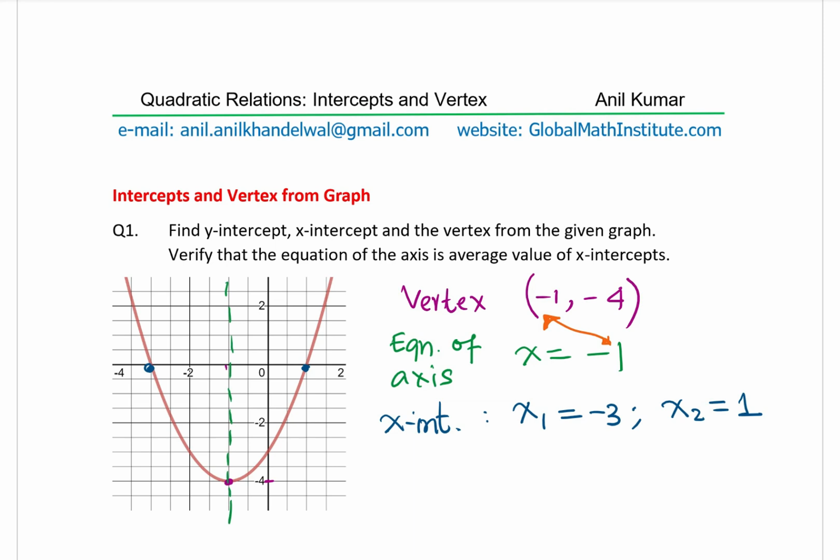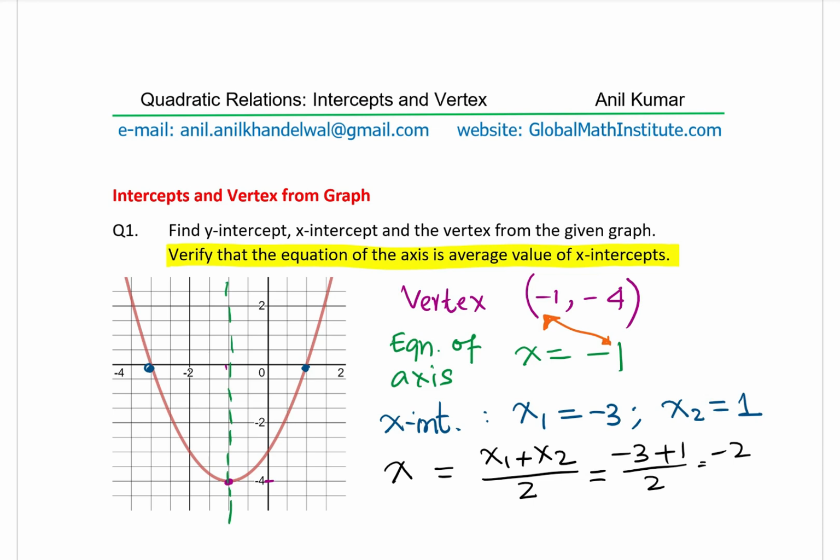Now we'll do the second part, which is verify that the equation of axis is average of x-intercepts. What does that mean? That means the axis x is the average, means (x1 plus x2) divided by 2. That is the average value. So we'll add -3 and 1 and divide by 2. We get -2 divided by 2, which is -1.